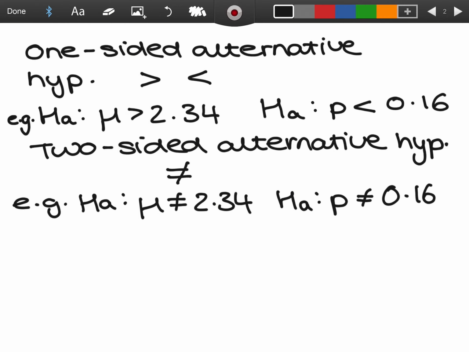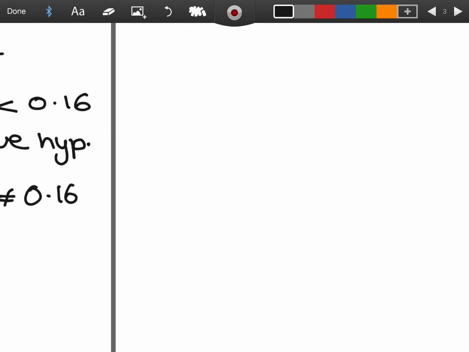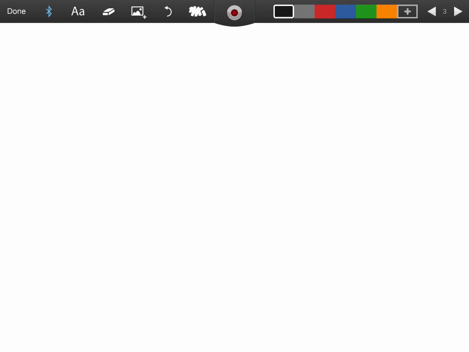Now, when we look at these tests of significance, there are two types of error that you have to be aware of. Don't worry about this too much. It will come up at some stage in 11.2, but you don't really have to worry too much about the meaning of it. There is a type 1 error and a type 2 error. We'll start with the type 1 error.